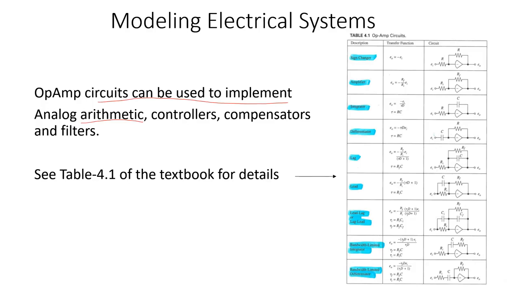They are also finding lots of application in the implementation of analog controllers as well as compensators, and likewise in signal processing we see op-amp circuits used to implement filters. The complete details of some of the op-amp circuit implementations and the aforementioned applications can be found in table 4.1 in your textbook. So do go and check that out.